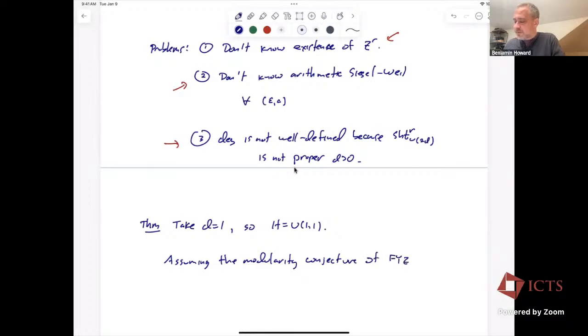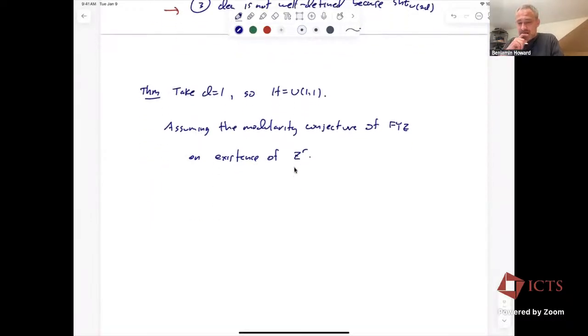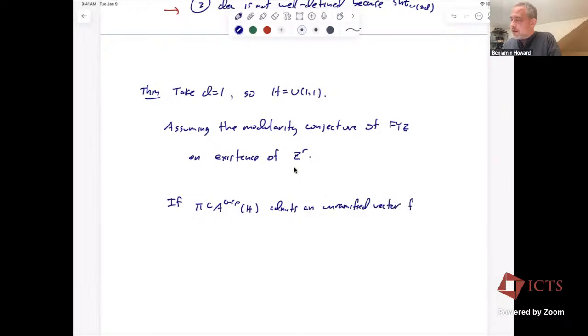Then Zhang on the existence of this generating series of cycles ZR. If pi is some unramified cuspidal automorphic representation of H, so let's say admits an unramified vector F.